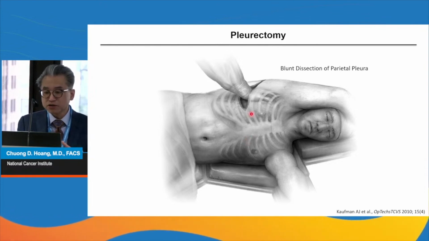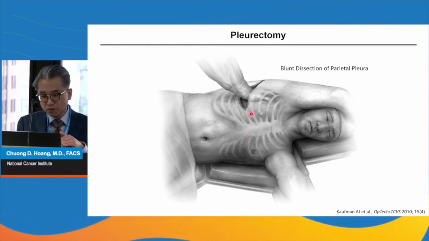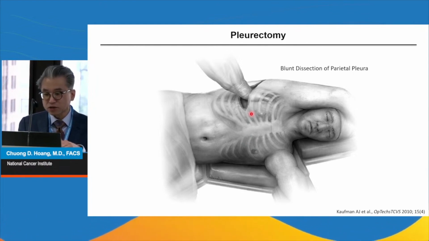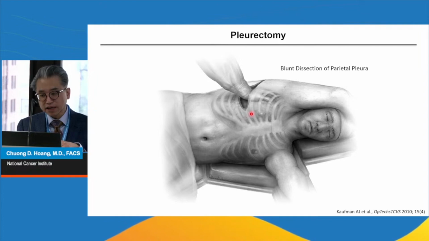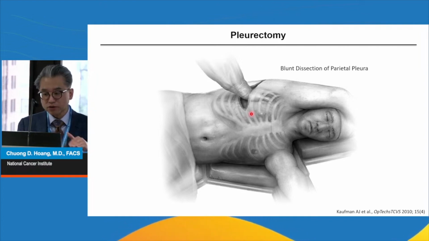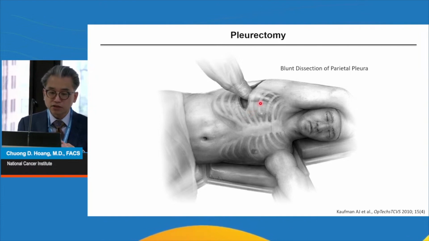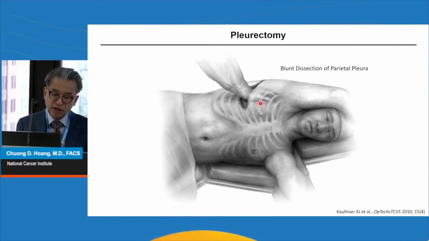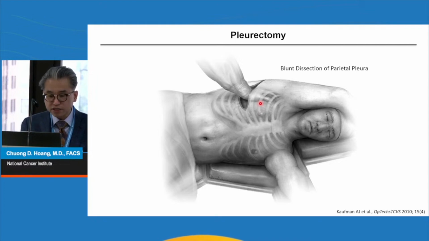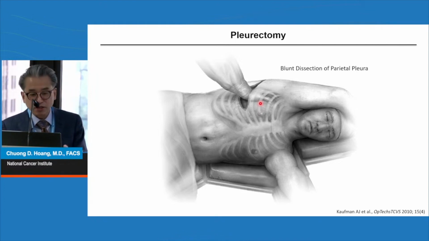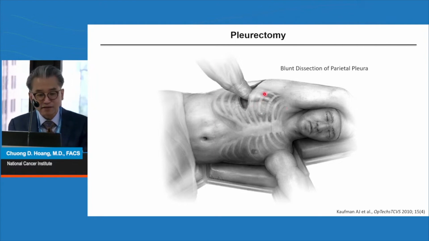So here the picture shows typically what happens is that the surgeon will then develop a dissection plane between the ribs and the parietal layer that contains tumor. And then here you can see, starting from a small space, gradually there will be enough working space in between as the lung circumferentially gets freed off of the rib cage. The surgeon is able to physically put their entire hands inside.